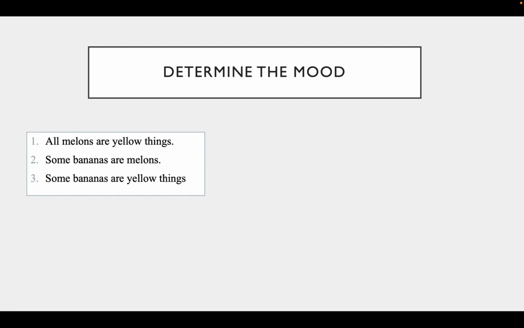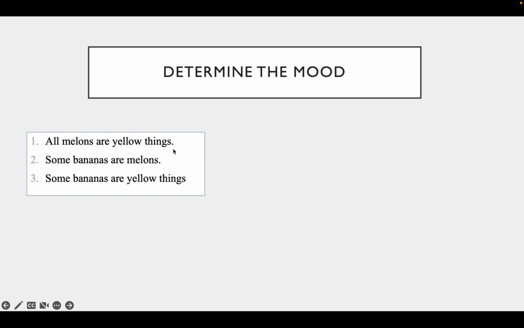Now, to determine the mood of the syllogism, once again, you look at the premises. The first one is an A, all melons are yellow. Okay? So you have A, some bananas are melons, E, and some bananas are yellow things.